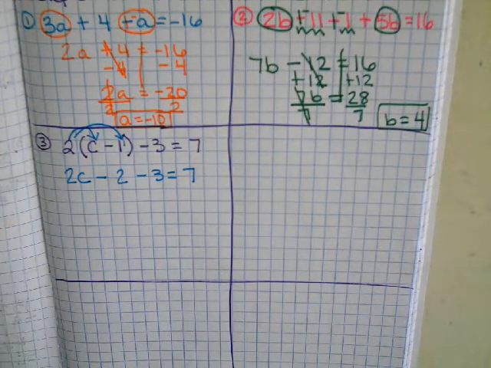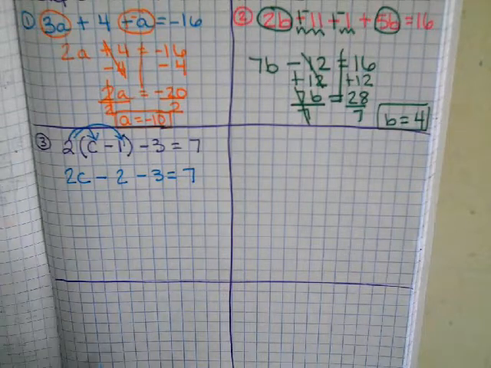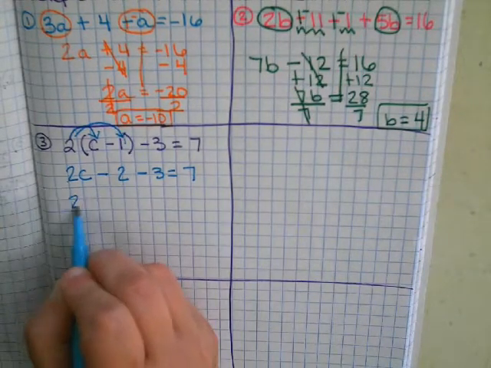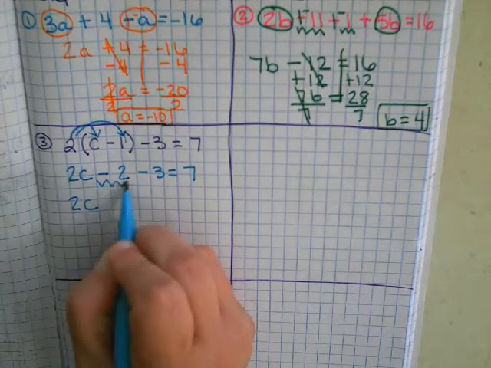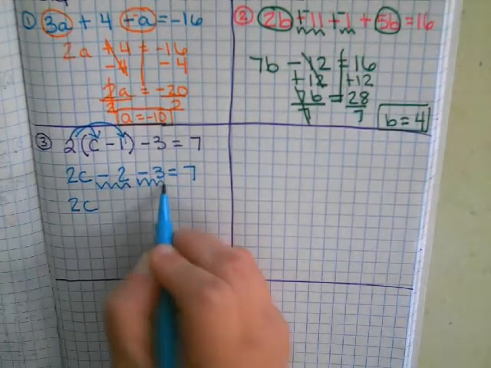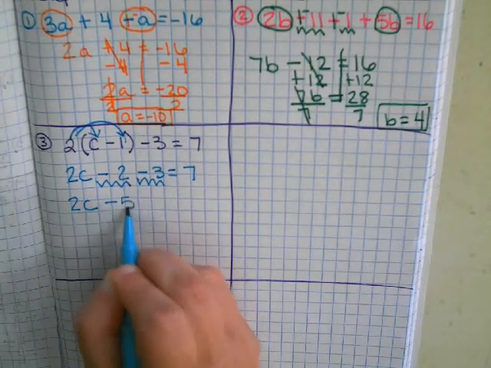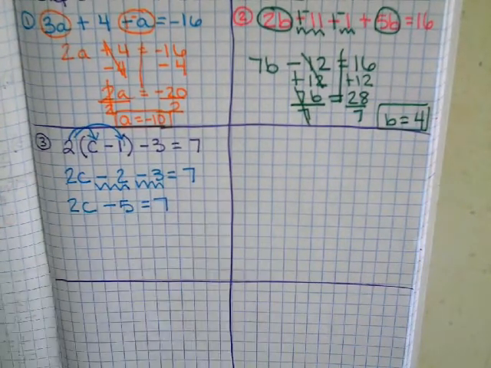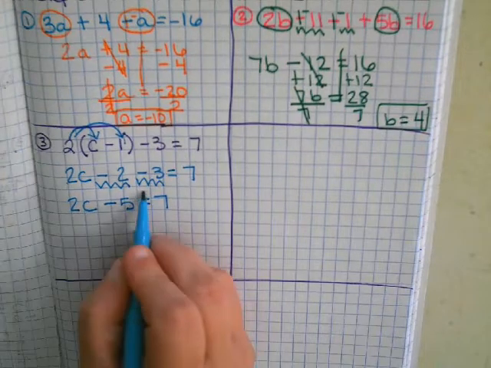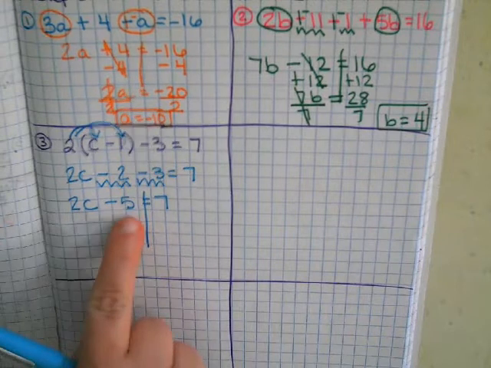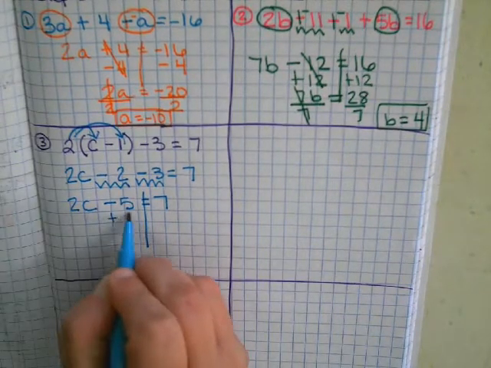Now, our next step says combine like terms. Well, I only have 2c, no other c's to go with, but I have a negative 2 and a negative 3 I could put together to get negative 5. Now I have a two-step equation. Separate my sides on the equal sign. To get rid of a minus 5, I have to add 5.